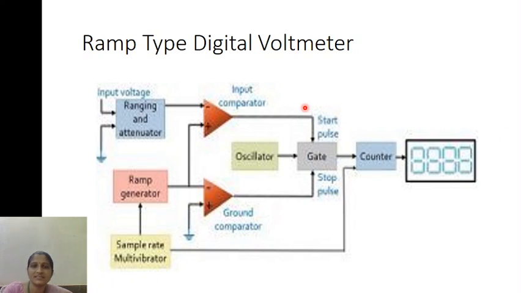Now we shall discuss the ramp type digital voltmeter. In this ramp type digital voltmeter, we are using, see here, a ranging and attenuator.